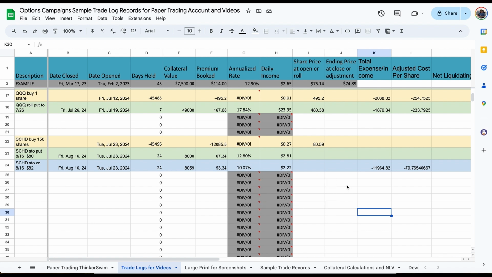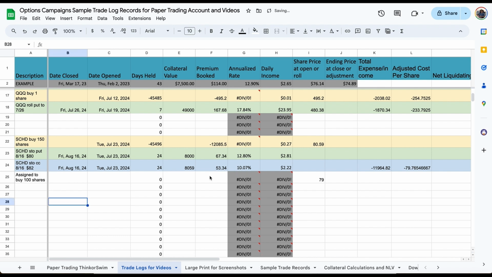If the share price is below $80, let's say, for example, if the share price is $79, then I would be assigned to buy 100 shares, and I would need to pay $8,000 for them, $80 a share, because that's the contract that I just sold, and that's the obligation that I assumed.